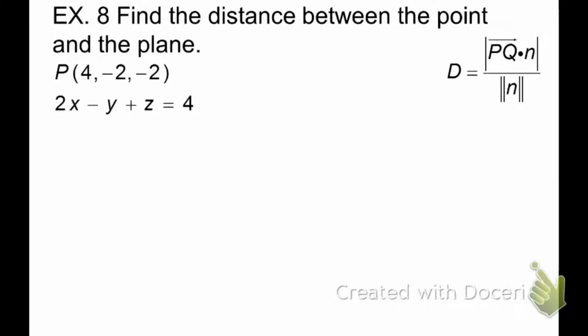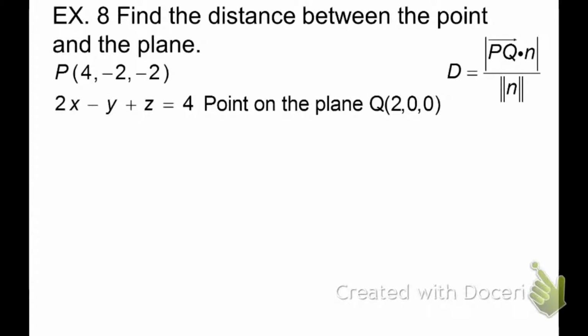So I could plug in any numbers I wanted for x, y, and z as long as I get an ordered triple that satisfies this equation. So what I did is I plugged in 0 for z and 0 for y and then solved for x. So when z and y equal 0, then x has to equal 2. So the point 2, 0, 0 is going to be my point Q that is on this plane.